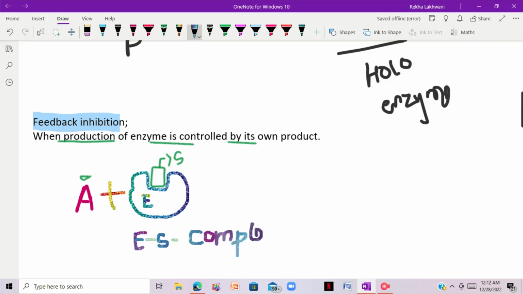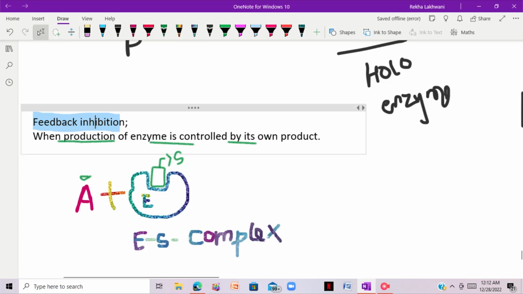There is a kind of metabolic pathway which occurs in our body. So basically, when this enzyme acts, the product which is made is, for example, B. Now, what will happen to B?